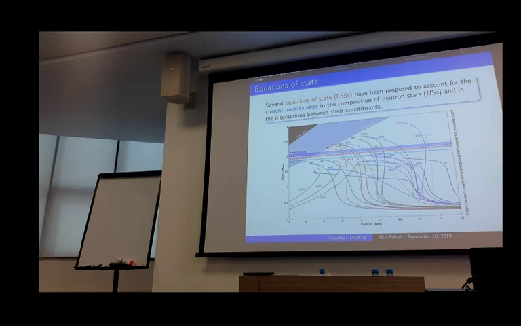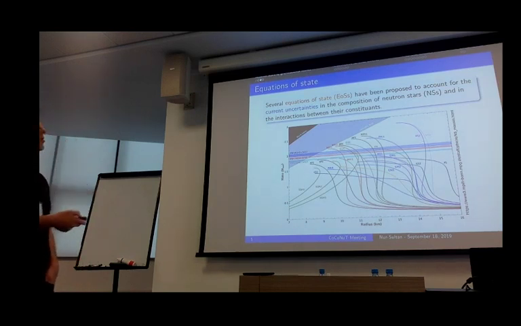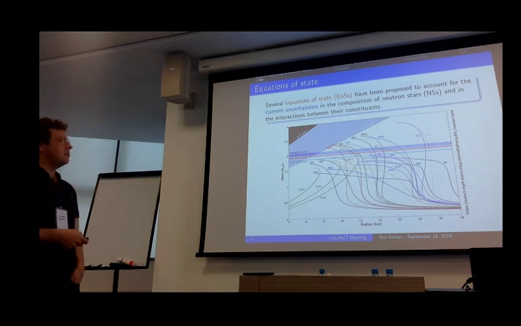One can use electromagnetic observations to get some constraints on this plot. So far, the best constraints come from pulsar timing observations, which have shown the existence of very massive neutron stars. Any equation of state which fails to reproduce such massive stars can then be ruled out.